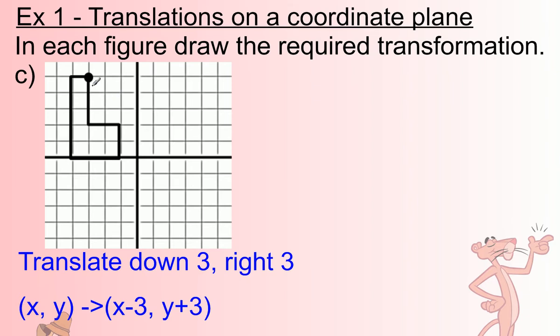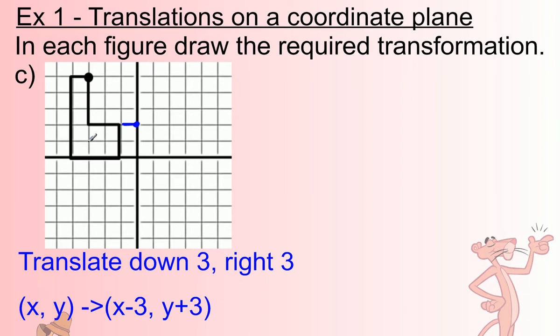Okay, so here we go. I'm going to start at that point. 1, 2, 3. Down 3 and right 3. Okay. And now you can almost trace the image from here. This is going to go 1 that way. And then I'll pick another point.